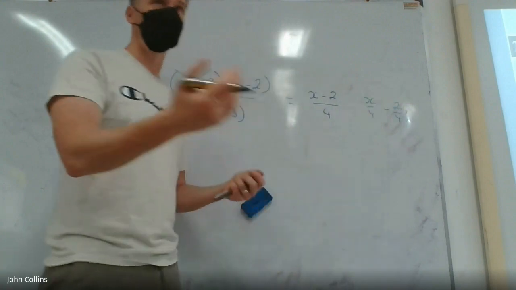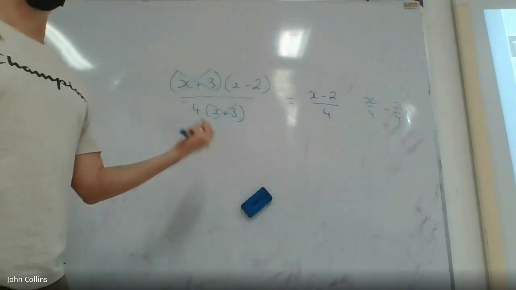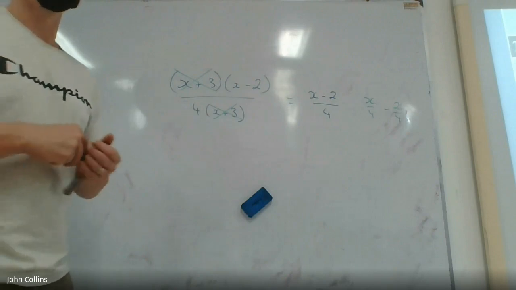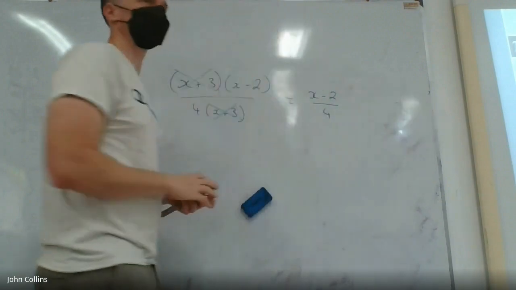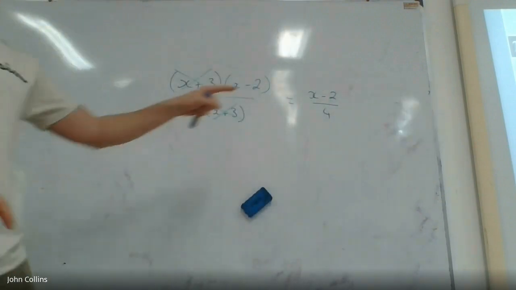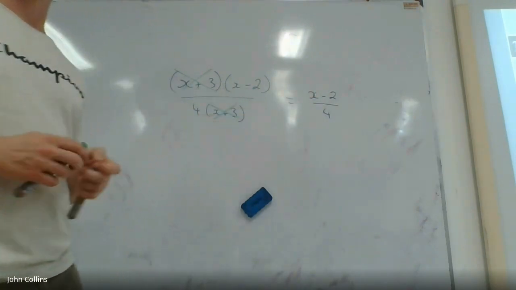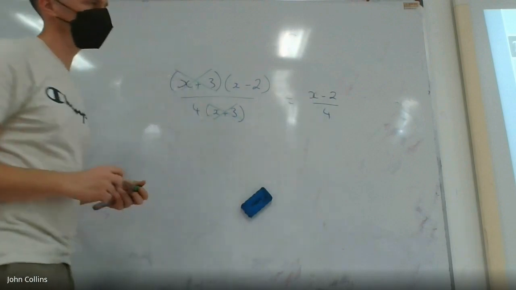The 2 over 4 can be simplified down to a half, but that hasn't actually simplified the expression. It's really made it a little bit harder by splitting it up into 2. So at this stage, that's it. Unless that 2 is multiplied by the x as well, you can't divide everything by 2. That's the difference here when there's a minus between.